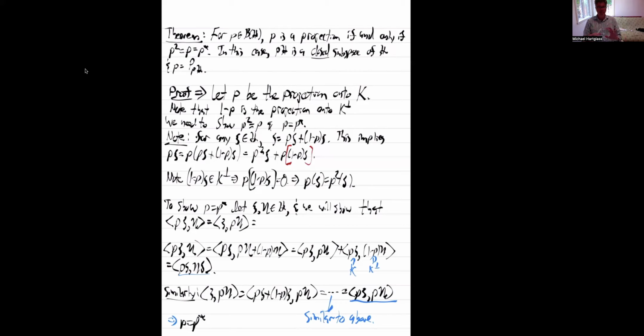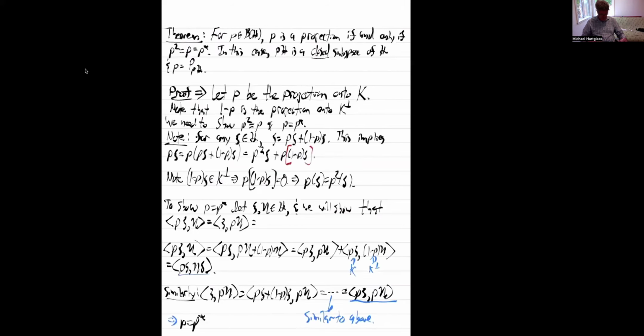Okay, cool. Now we still need to go the other way. So now I need to assume that if P is self-adjoint and squares to itself, then it is the projection onto something. Okay? So we're going to go back this way. And we're going to assume that P squared is P and P is self-adjoint.